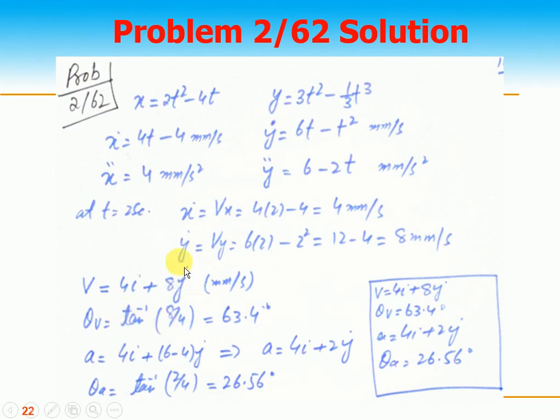The angle is tan inverse of the y component over the x component, 63.4 degrees. Similarly, the acceleration is 4i plus, putting 2 in 6 minus 2t, 2j. The angle is tan inverse of 2 by 4, which is 26.56 degrees. I summarize the values: this is the velocity vector, this is its angle, this is the acceleration, and this is the angle of the acceleration, which is 26.56 degrees.